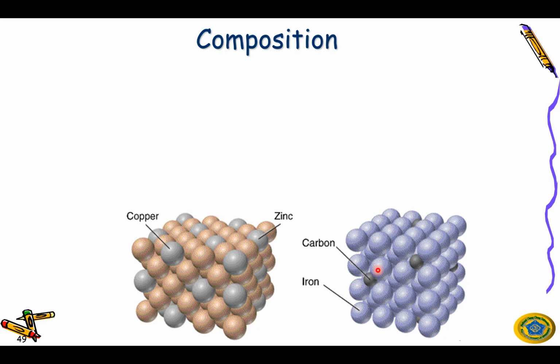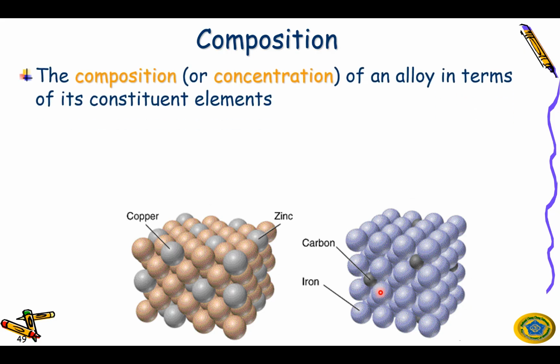So composition is how much zinc is in the copper, right? Or how many carbon atoms are in the iron crystal structure. So the composition, or sometimes we call it concentration, of an alloy is in terms of its constituent elements. A constituent is the host.